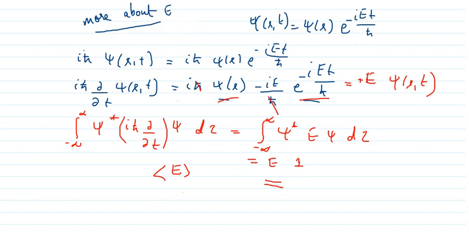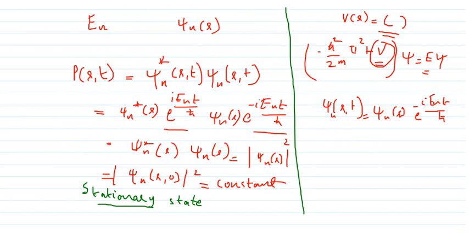Now let us analyze other properties of wave functions, like the calculation of probability. Here, you have n eigenstates and correspondingly n eigenvalues of the Hamiltonian.